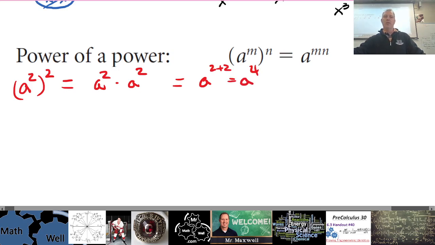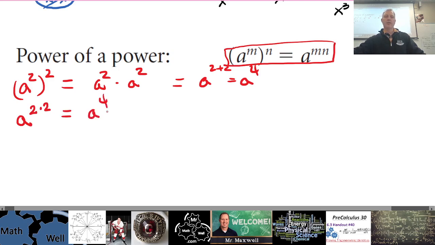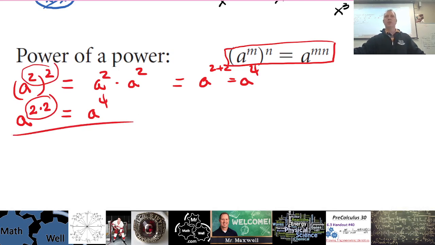According to this power of a power rule, I can go simply straight to a to the 2 times 2, which is a to the 4. I can simply multiply. A power raised to a power, you multiply. So 2 plus 2 and 2 times 2 are the same number, so maybe that was a bad example to pick out of the air.